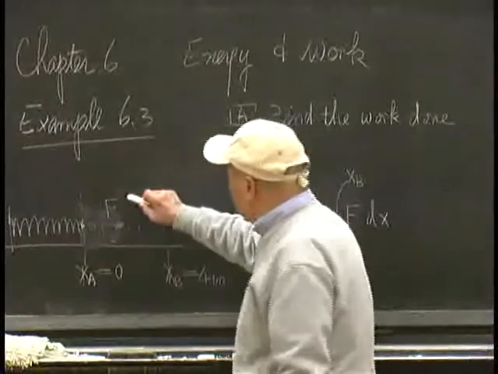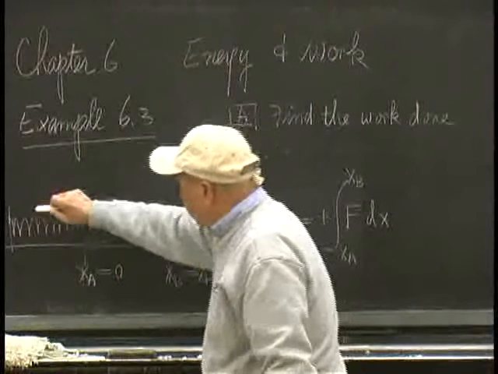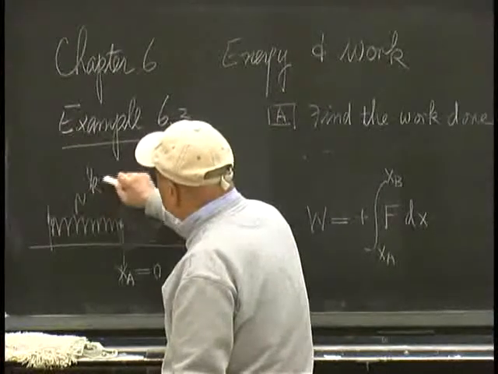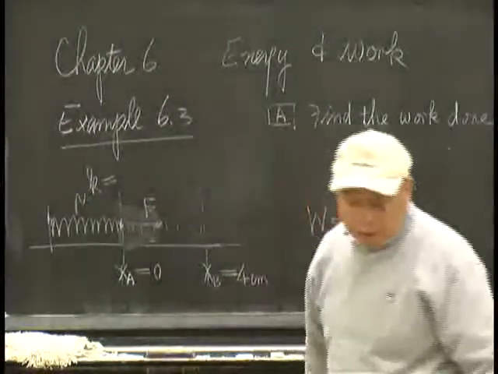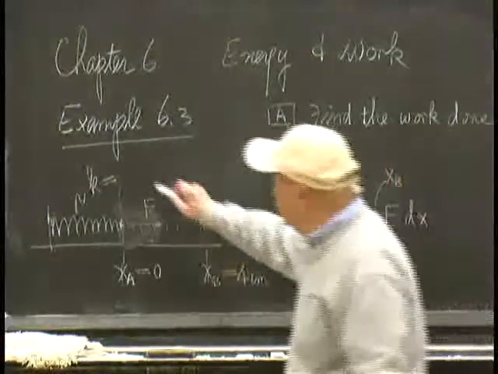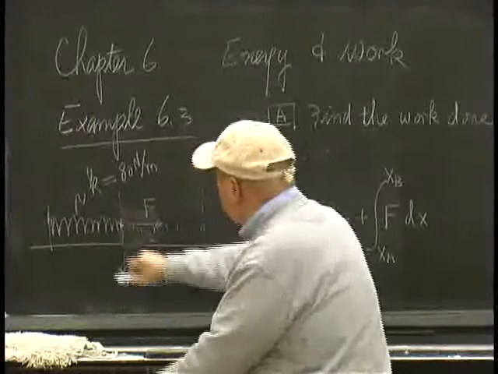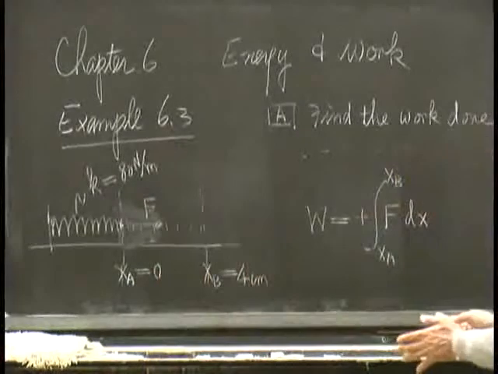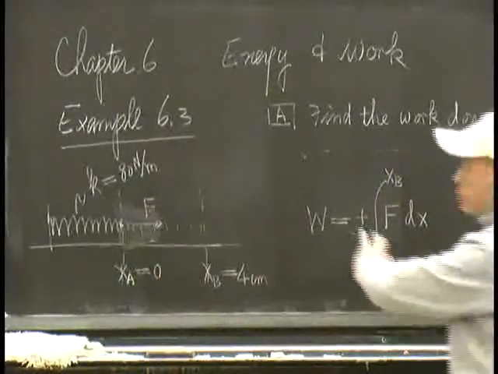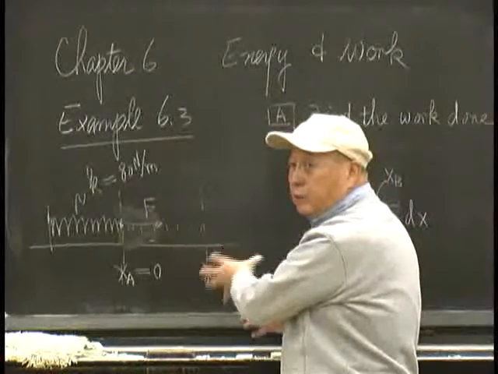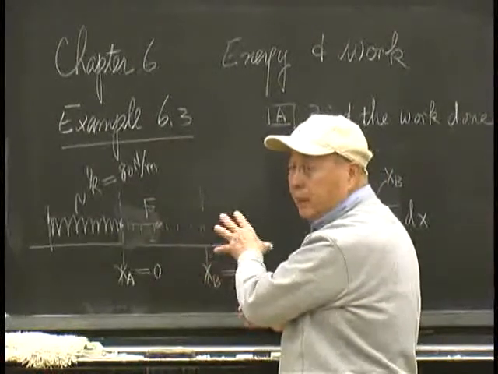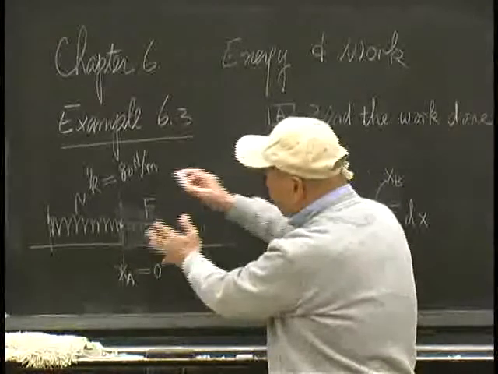And another one, the spring constant K is equal to 80 Newton per meter. Ladies and gentlemen, look what I did. I put everything onto the diagram. All the information about the problem is on the picture.